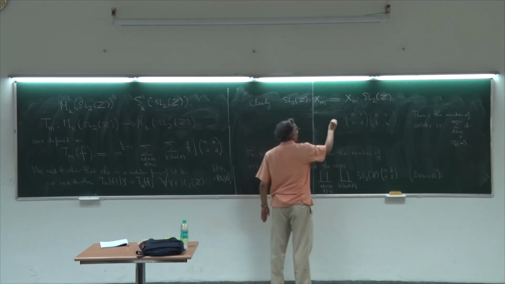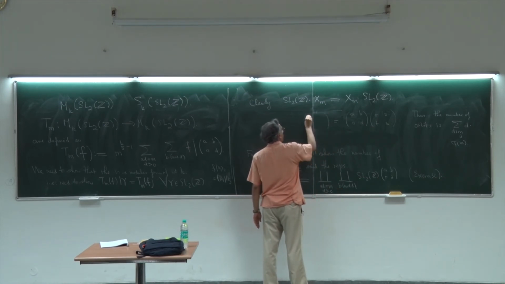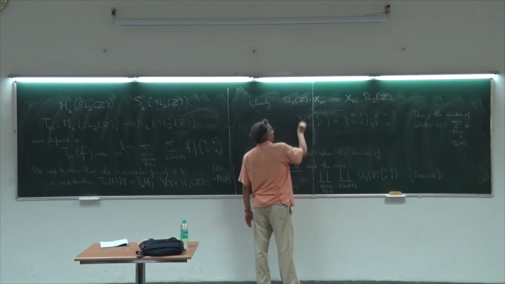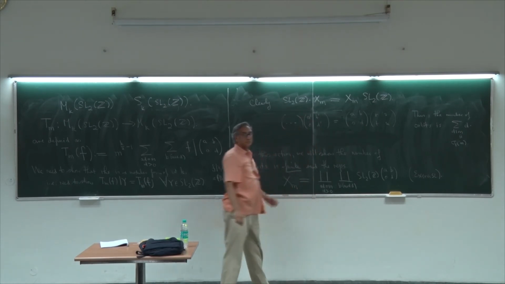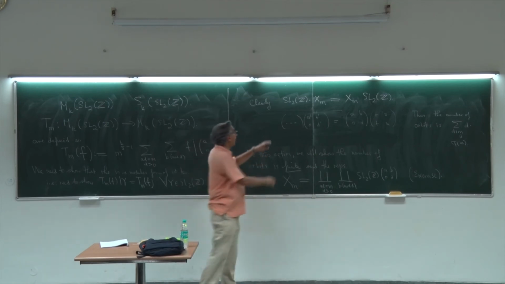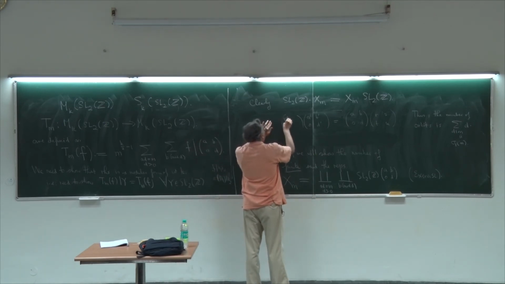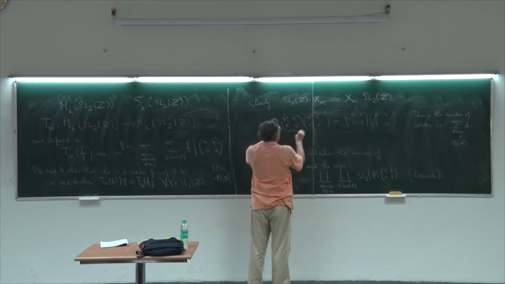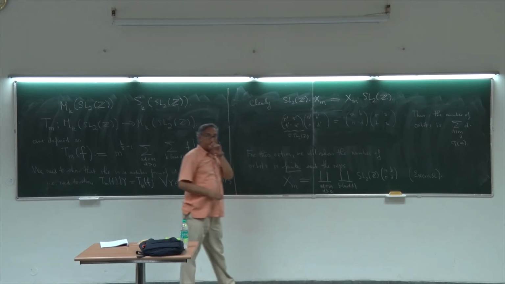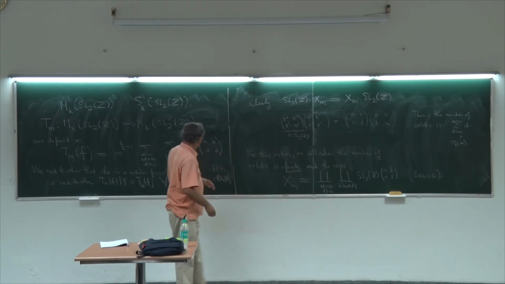So I should be able to rewrite this product as (A' B'; 0 D') times some other matrix (R' S'; T' U'), where this is now in SL2(Z). Now you can see what I'm going to do.